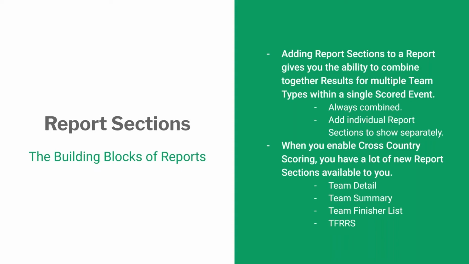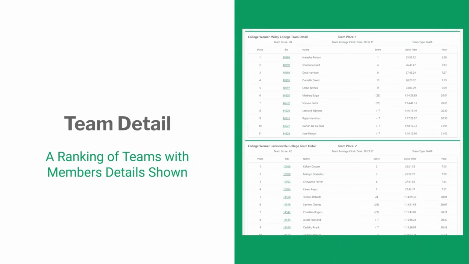You will have to build those manually. So when you have a scored event that is of the cross-country type, we know that when you set up the scoring rules for the scored event and you say it's cross country, it gives you a few different report sections available to you. Basically, there's a team detail section, a team summary section, a team finisher list section, and a T-first section that you can use in the report builder to build out all of these different custom reports that you want. And I'm going to be going through those in just a minute here.